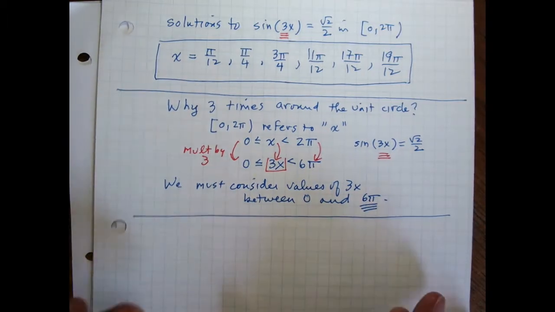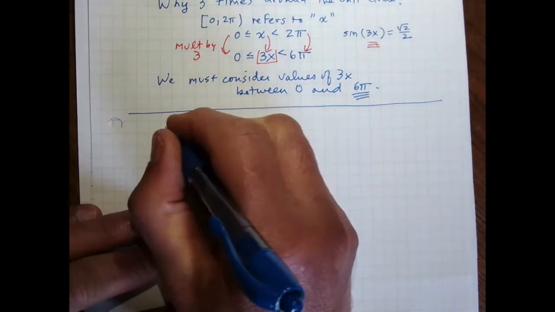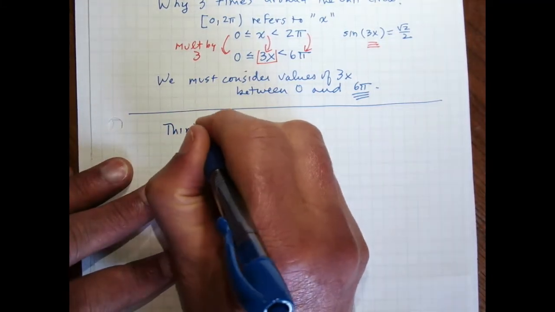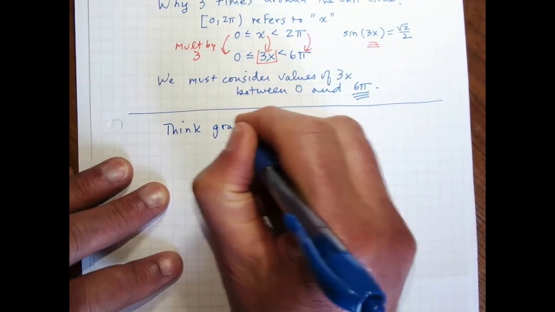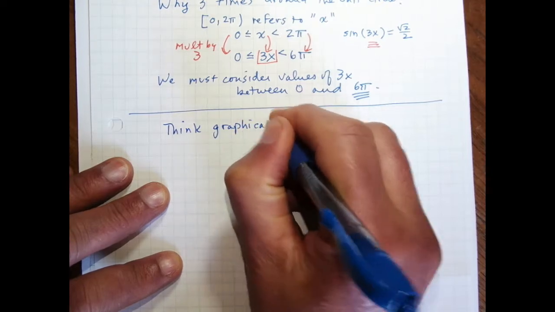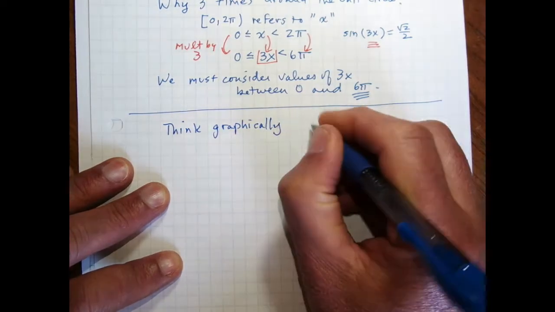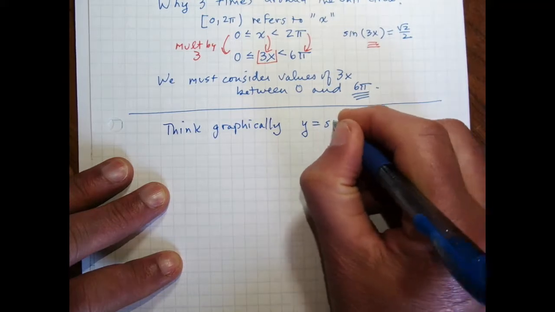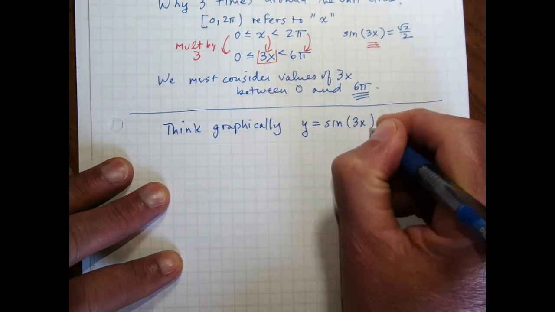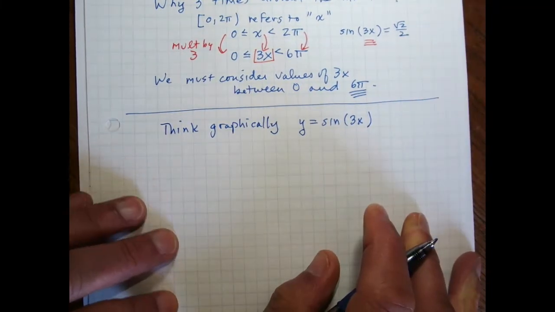And I also want to just think graphically for a moment, because I think a graph can really help us understand exactly what's going on here. So think graphically about the function y equals sine of 3x.